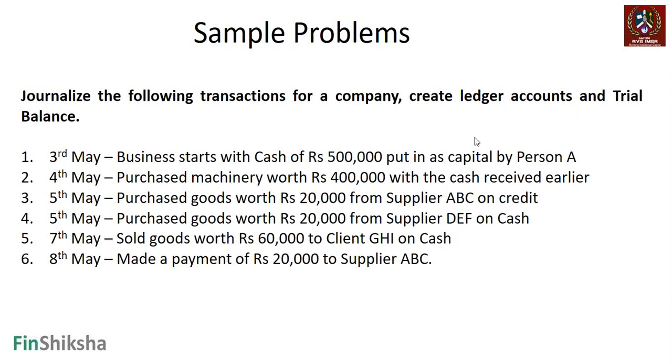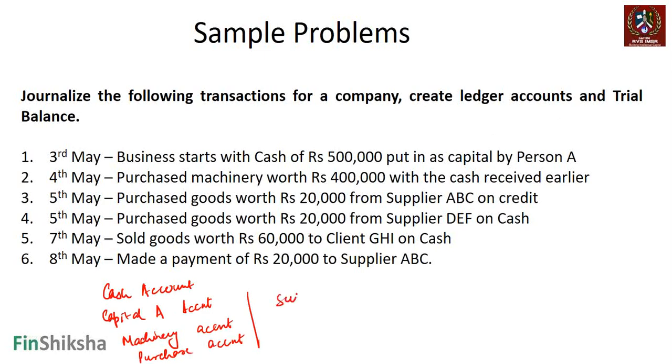If we look at this, we can automatically say what the various accounts are going to be. There is going to be a cash account, and a capital account for person A. Then there's going to be a machinery account, and a purchase account. What else?